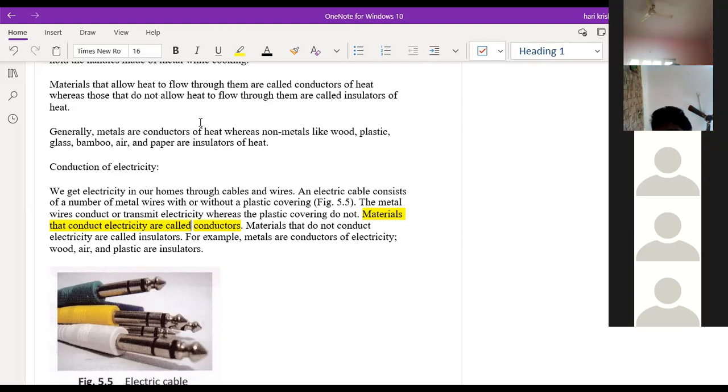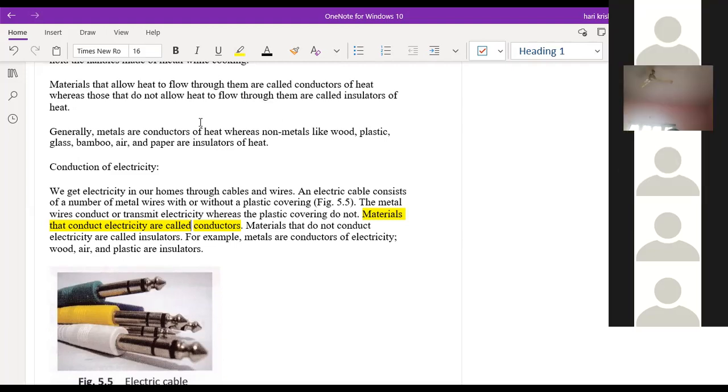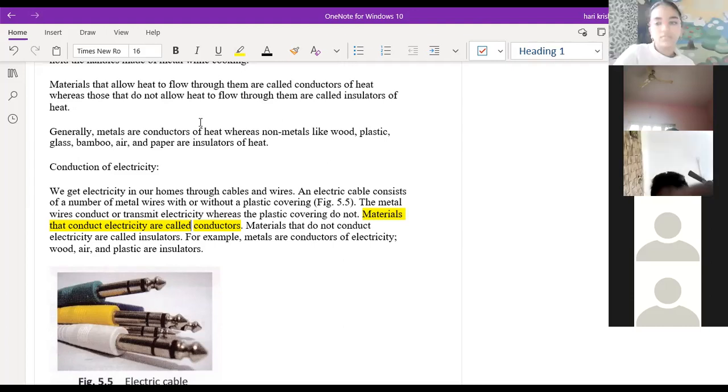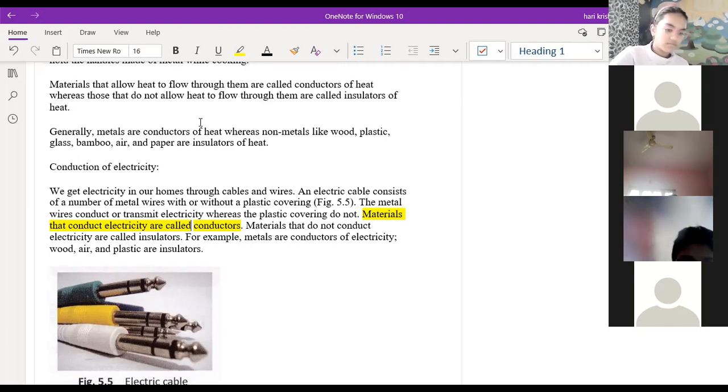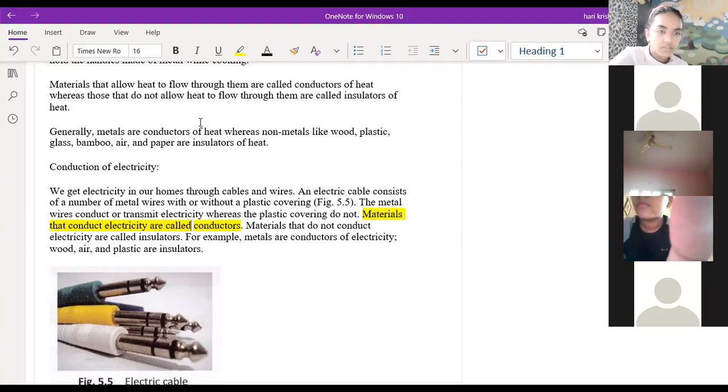Sir, I have a doubt. Sir, when we put the minus and plus wire into water, like when we heat the water, after we do the activity, people say that we should not drink the water, right, sir? Why is that?